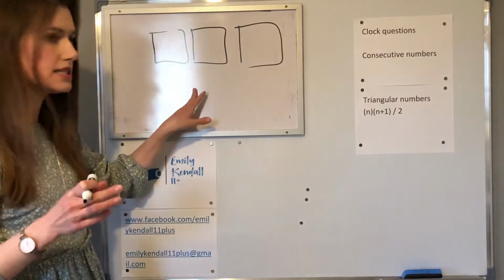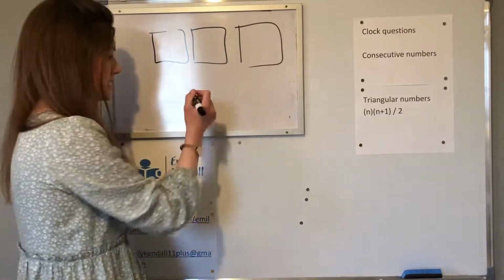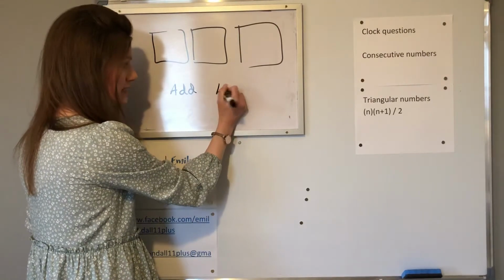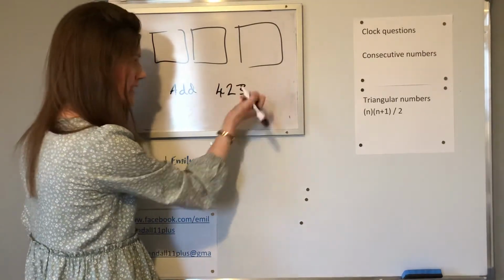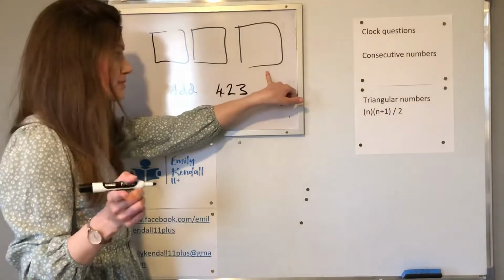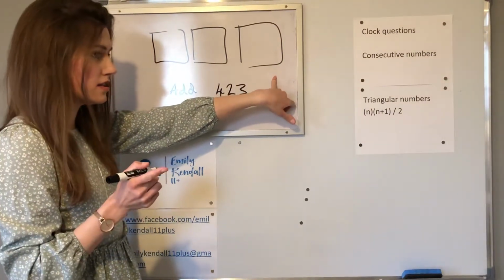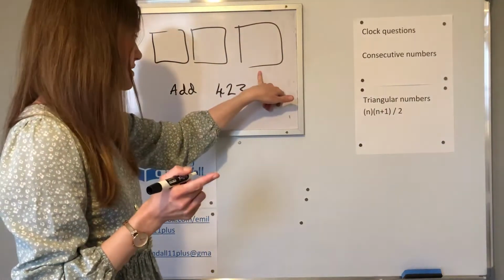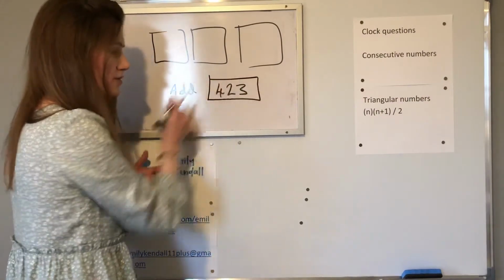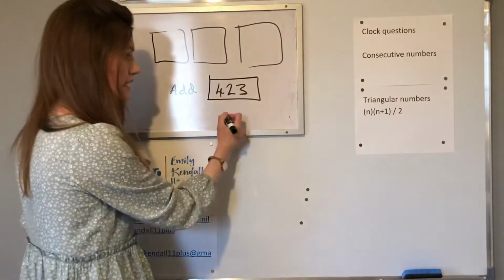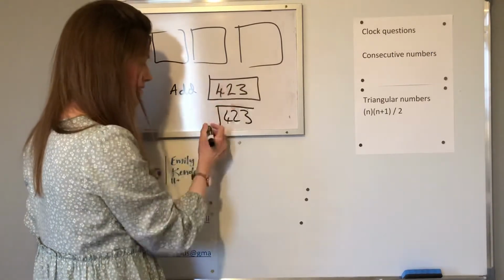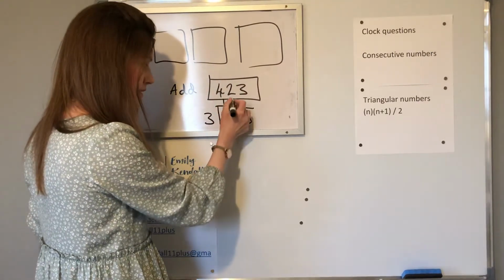So with these consecutive numbers, I think it's actually easier to, if they had to add up to, let's say, 423. Okay, so we've got 3 consecutive numbers, and can everyone remember what consecutive numbers are? They're numbers that come after each other. So if you've got 3 consecutive numbers that add up to 423, what I would do is 423 divided by 3, because there's 3 of them, okay?